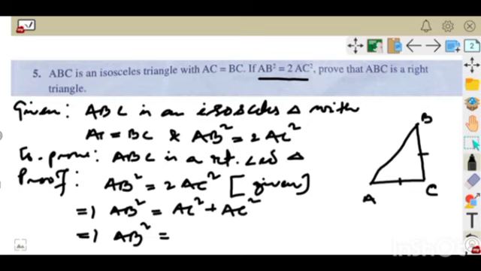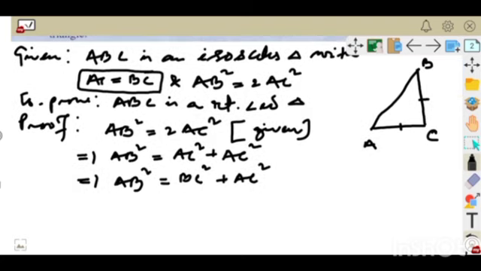Okay, fine. Here we have seen that AC equal to BC. So in place of this AC square, let me write BC square plus AC square. What we find here is AB square equal to BC square plus AC square.